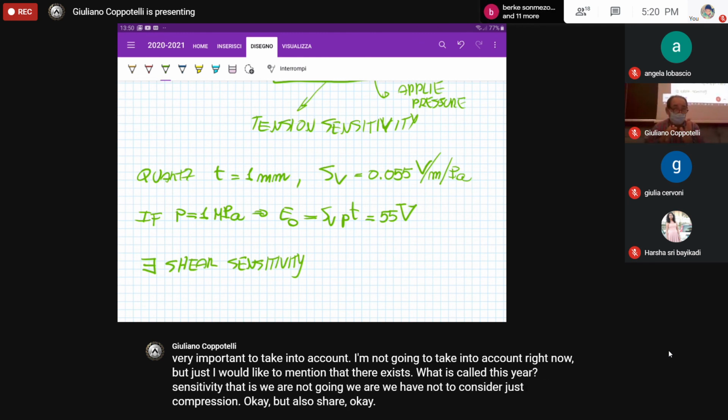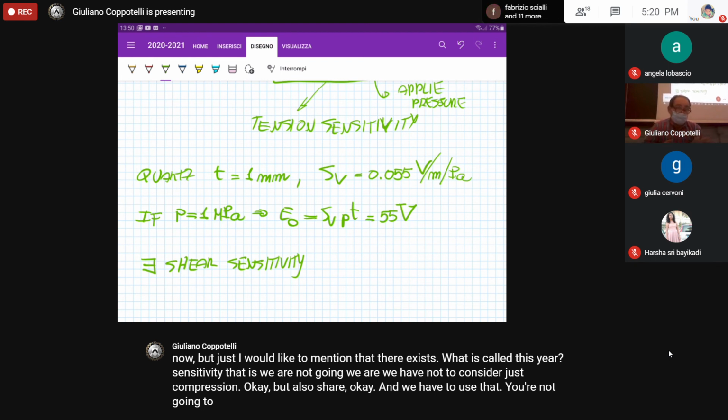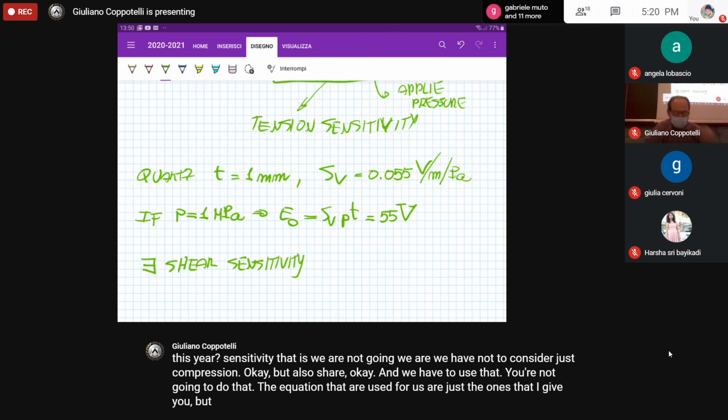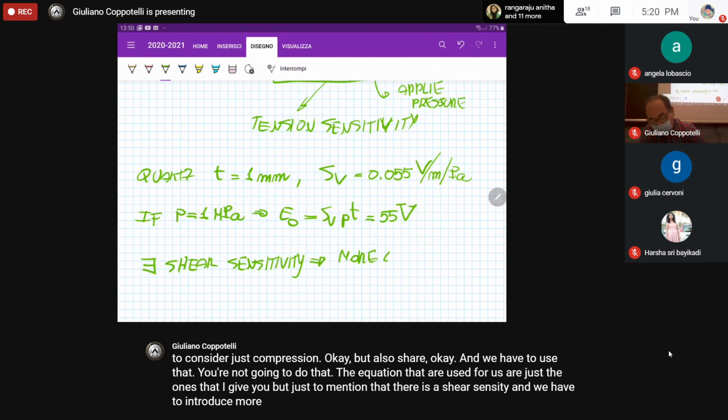We are not going to use that. The equations that are useful for us are just the ones that I gave you. But just to mention that there is a shear sensitivity, and we have to introduce more complex equations.